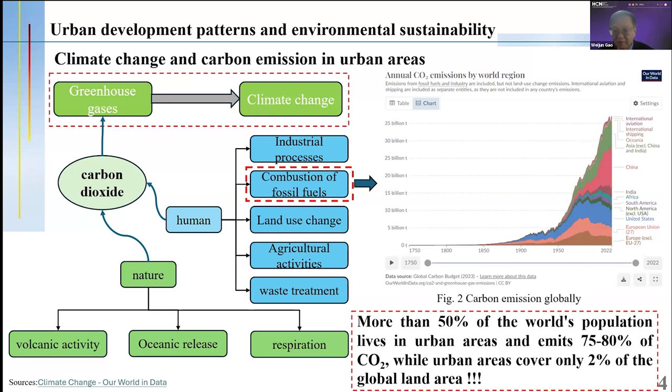More than half of the world's population lives in urban areas and emits 75 to 80% of carbon dioxide, while urban areas cover only 2% of the global land area. So for carbon emission reduction, the key should be the city.